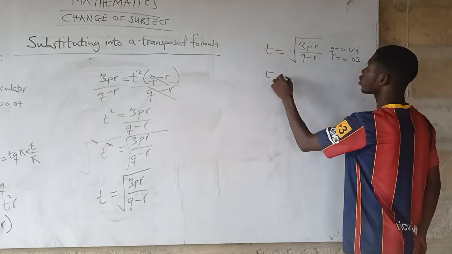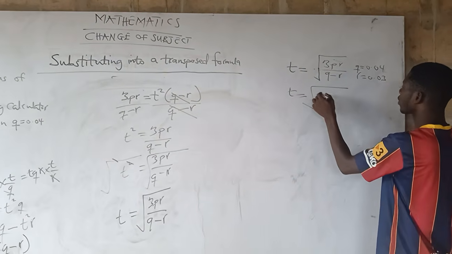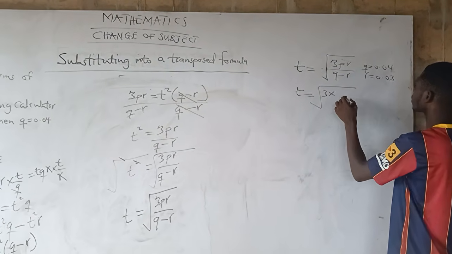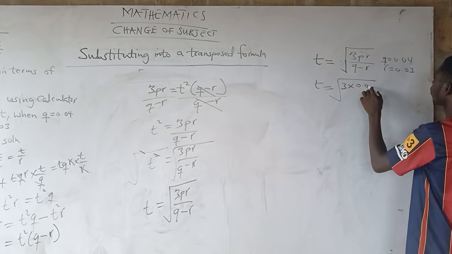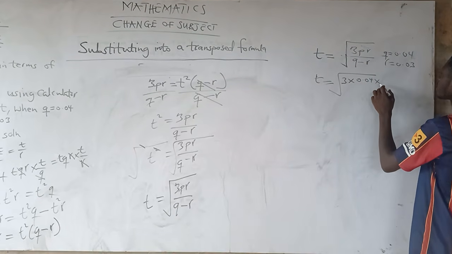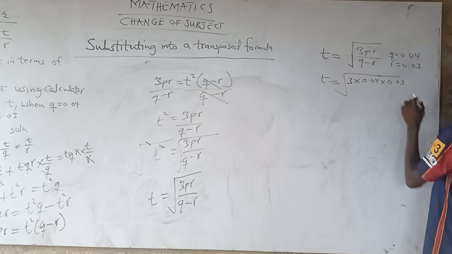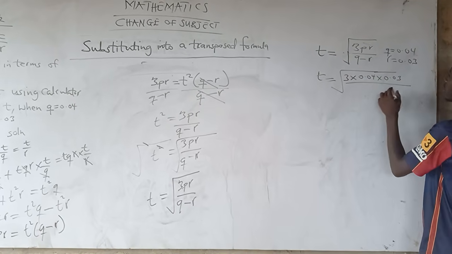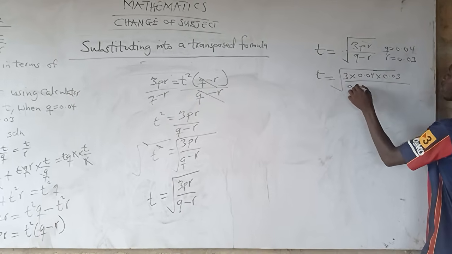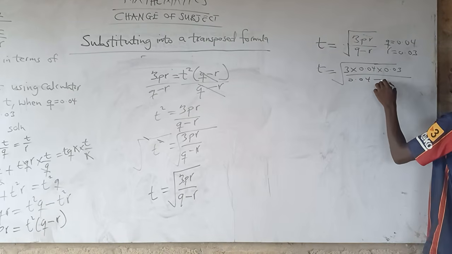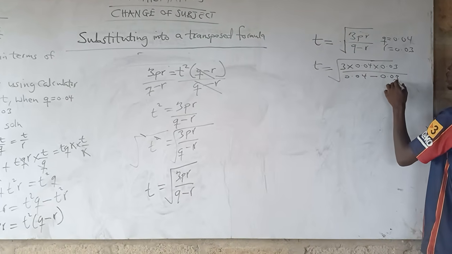So t is equal to root of 3 times 0.04 times 0.03 over 0.04 minus 0.03.